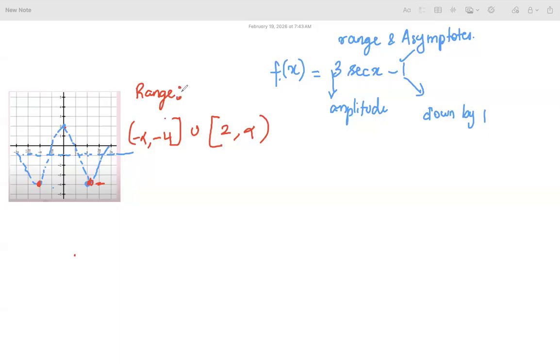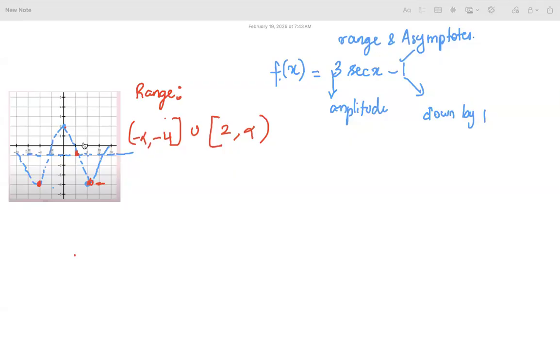Any questions? Now, how to find out the asymptote? Whatever dotted graph I have drawn is for the cos graph. Wherever the cos graph is going to cross the midline, there you're going to have an asymptote. Does that make sense? That's the easiest, most reliable way, where you will not make mistakes.